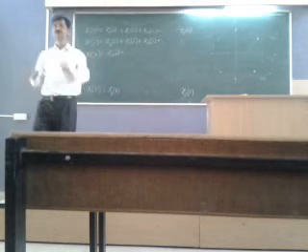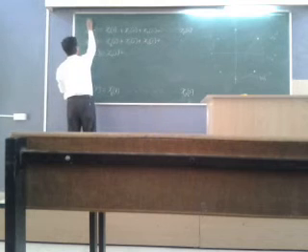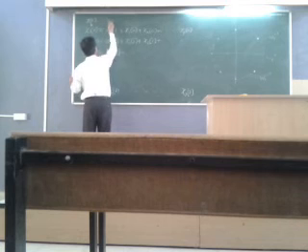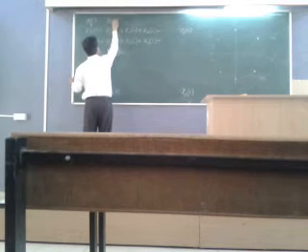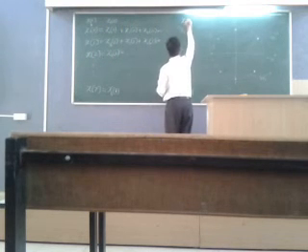Is it clear now? So when I look at this from this angle, this is xn, this is x0n, and this is x7n.